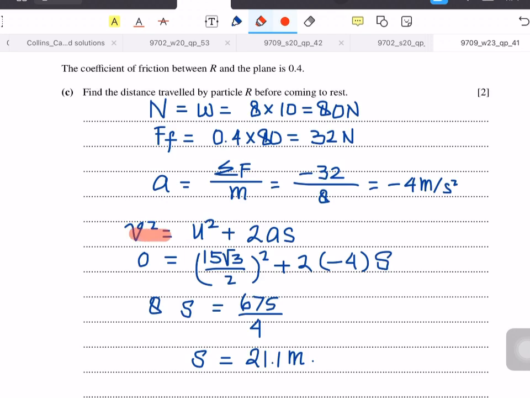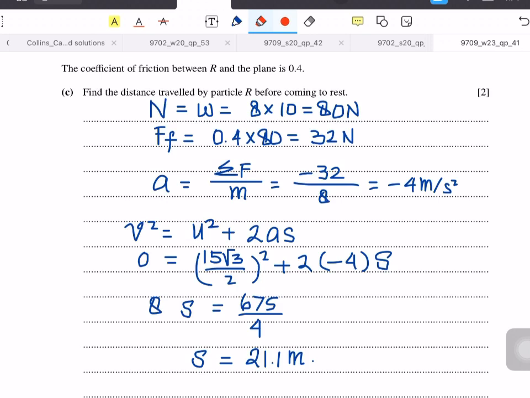We apply the kinematic formula for the second time. V squared equals U squared plus 2AS. So coming to rest, the final speed is 0. So 0 is equal to 15 square root of 3 over 2, the speed after collision, squared plus 2 times negative 4 times s.